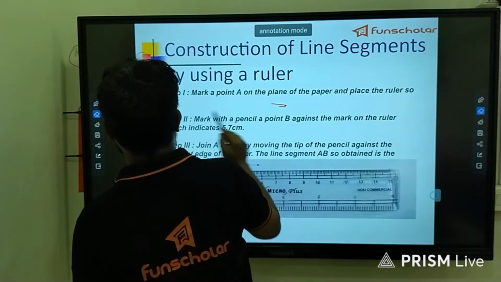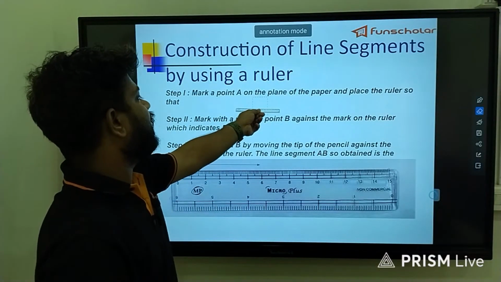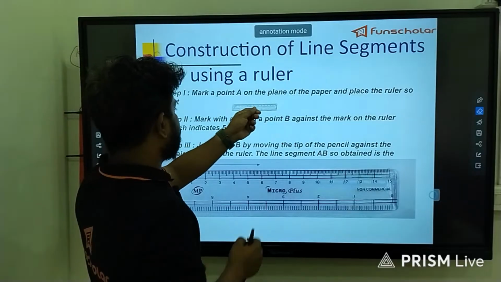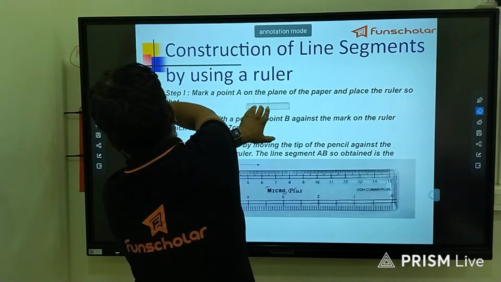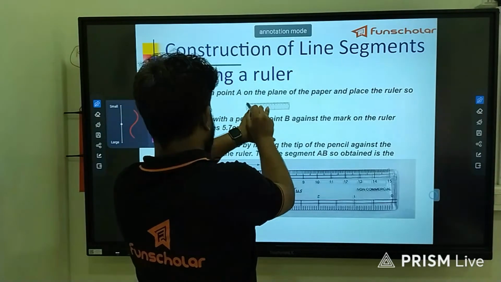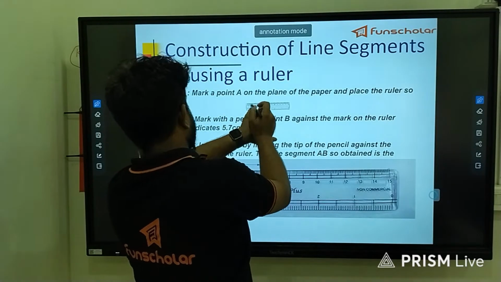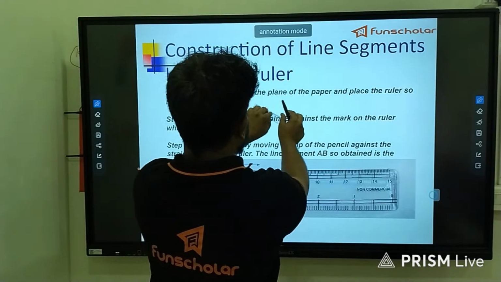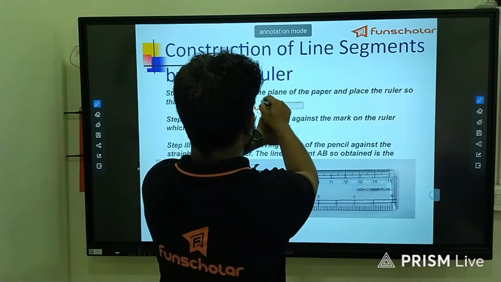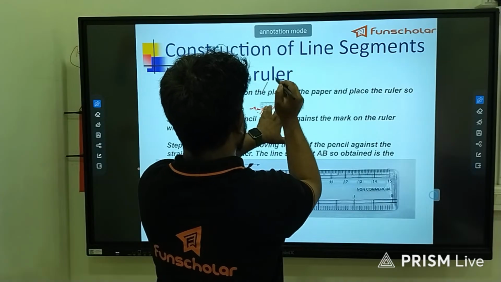If I point the scale here, it will be pointed like this one. Okay, I am pointing it here and I am starting to take a point which is 0 here, which will be 0 here, and 5.7 will be here.